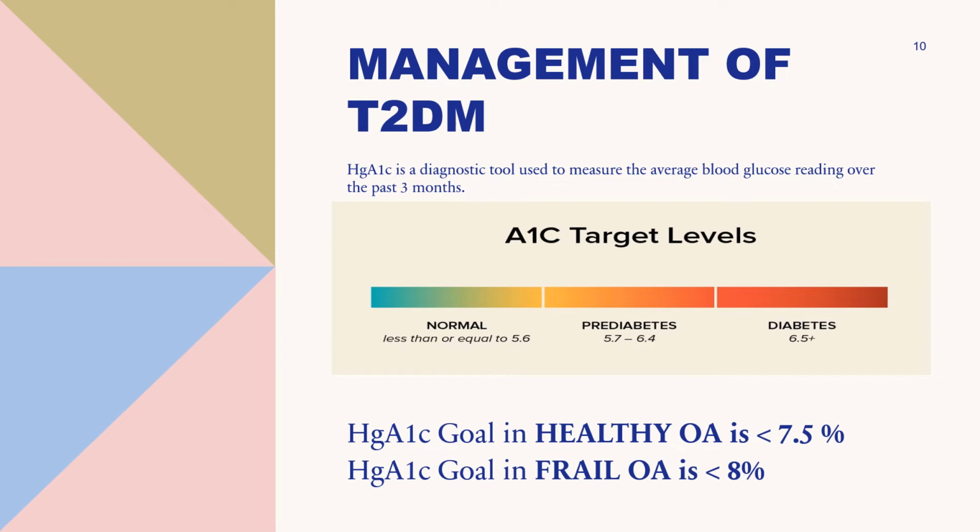Like we think people are having a TIA, and it's just because their blood sugar is low. Even mild hypoglycemic events can lead to things like falls and fractures. So you have to be very, very careful. Again, in your average older adult, less than 7.5, in very frail older adults or with multiple comorbid conditions, less than 8%.